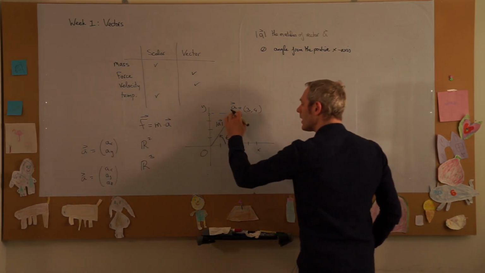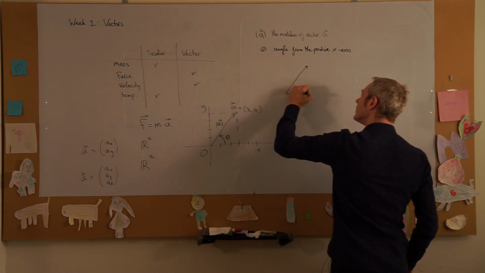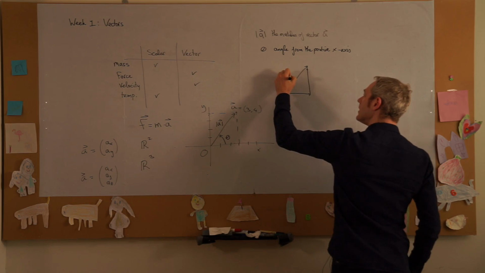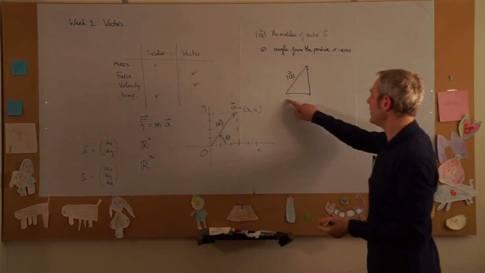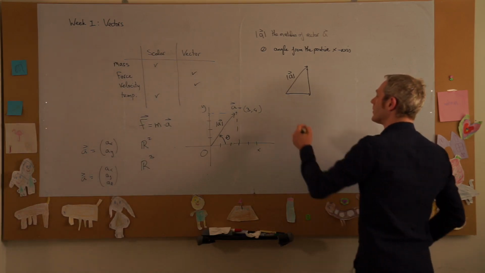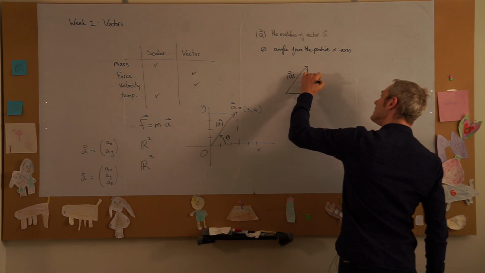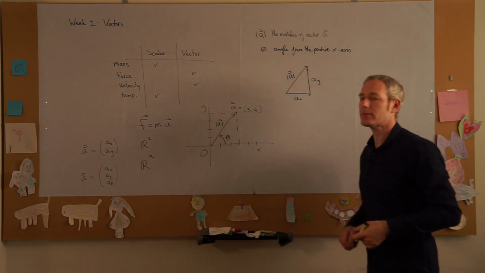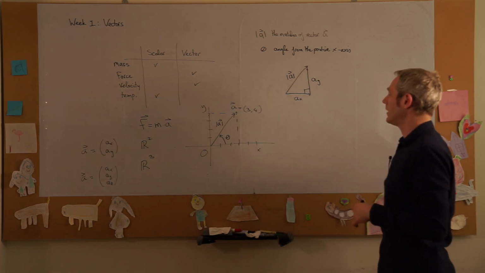Now let's have a look at this vector, and let's have a look at this triangle. We know that this is the length of A, and we know the length of this part of the triangle, because that is its x-coordinate, and this is its y-coordinate. And we also know that this is a 90-degree angle.